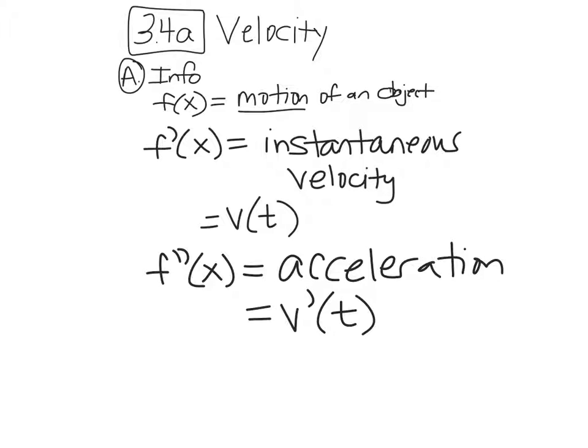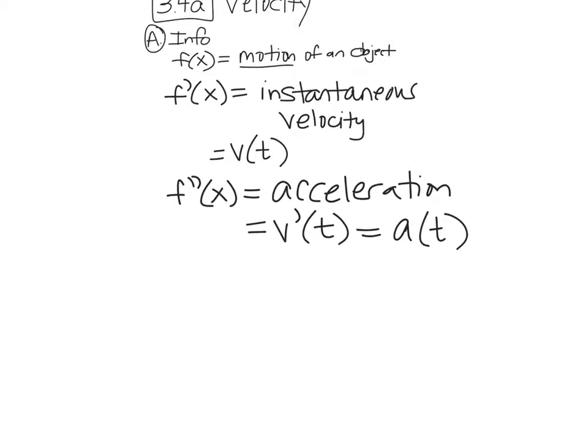Because it's the derivative of the velocity. And a lot of times we call it a of t for acceleration. There is a third derivative, but I don't have it here. I think it's jerk. Like when you change your acceleration, it makes the car jerk in a jerky motion. I don't know why they didn't say it this time. Maybe that comes up later on.